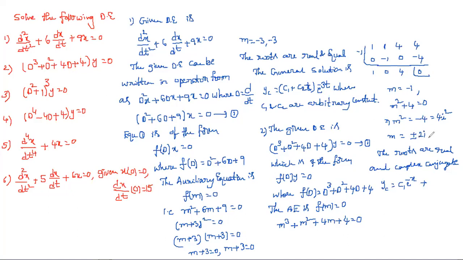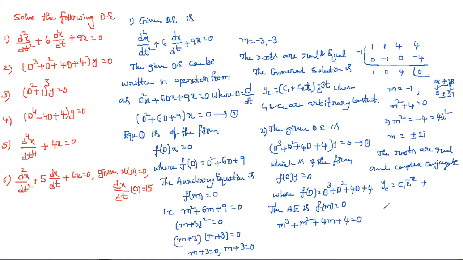And this is the complex conjugate. What we said is the complex conjugate should be in the form of alpha plus or minus i beta. Is this in the form of this or not? In place of alpha it is 0, plus or minus 2i. It means alpha is 0 and beta is 2.